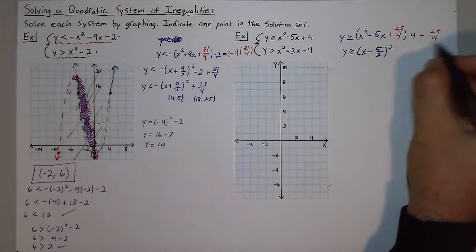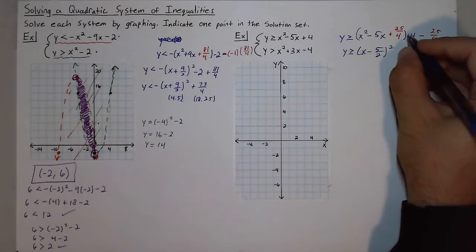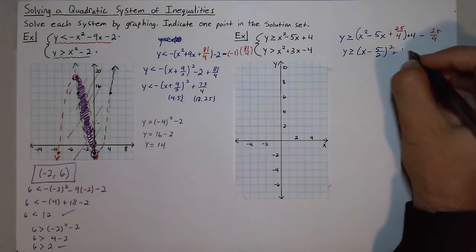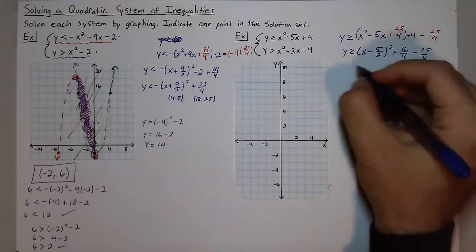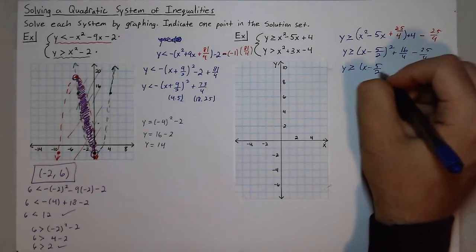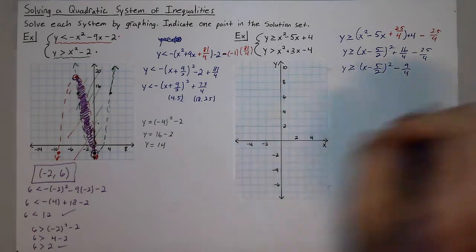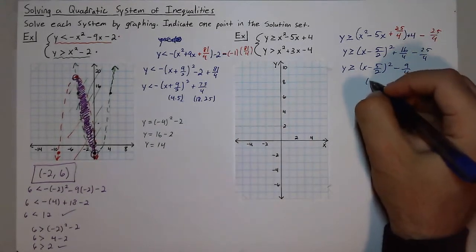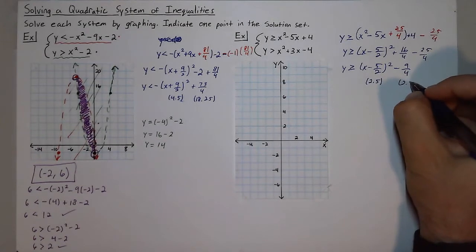And then 4 minus 25 fourths, to find the common denominator, I would have to think of that as 16 fourths minus 25 fourths, giving me -9 fourths. So now its vertex would be somewhere around x is 2.5 and 9 fourths about 2.25.